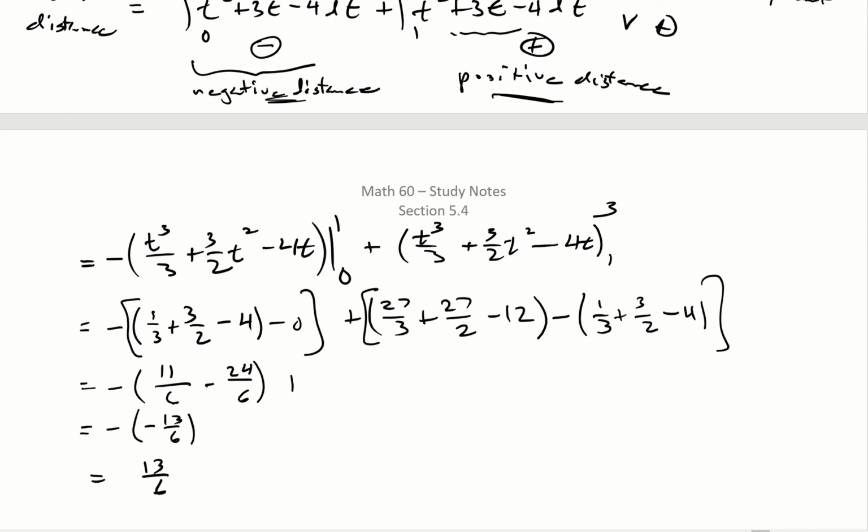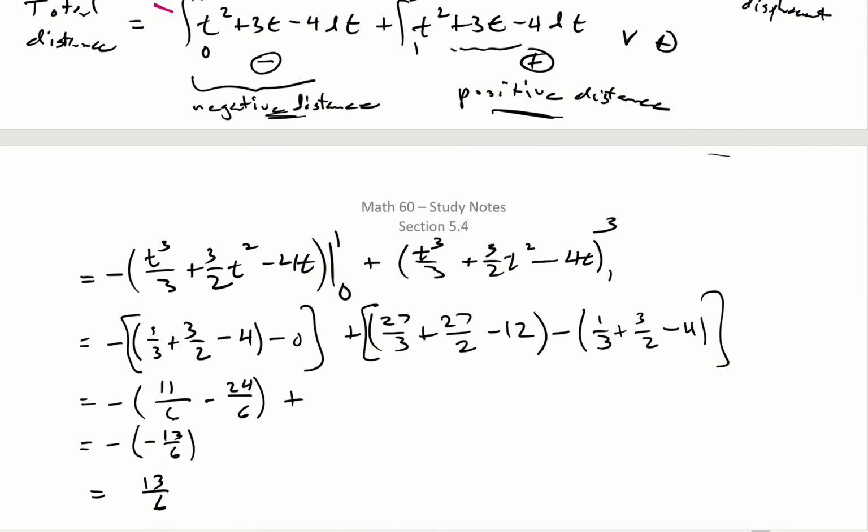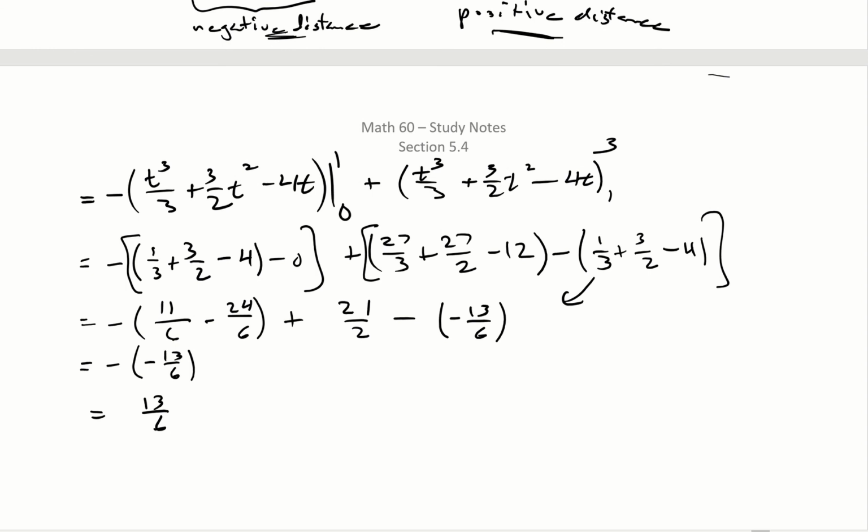So what we're getting is plus, and what was that, 27? What was the answer there? We did that already. It was 21/2, wasn't it? So this is 21 over 2. And then we have minus, but watch out, minus 13 over 6, because I'm seeing these numbers again and again. So finally what we have is plus 21 over 2.